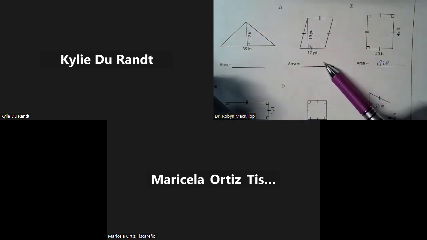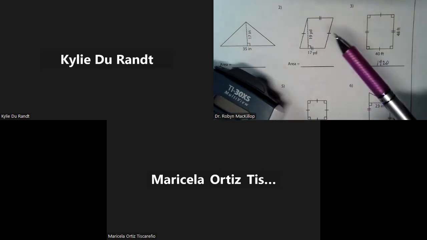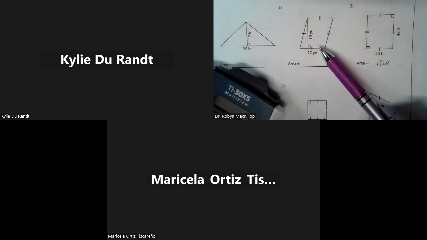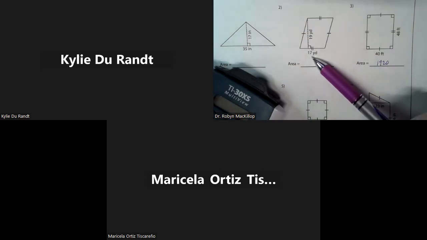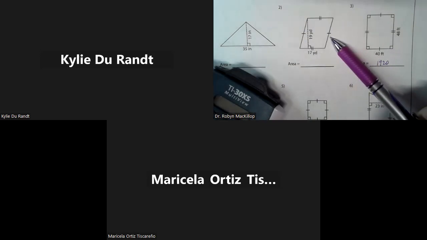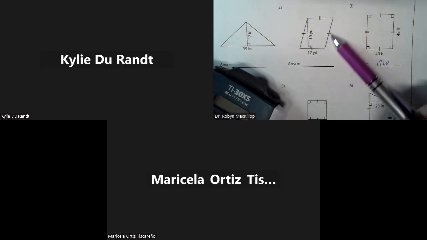Then let's go ahead and take a look at the parallelogram. It's the exact same idea. Even though it's pushed over, so it's a little lopsided, they have to give you the height. If they just gave you a parallelogram and said it's 17 and the side is, let's say, 21, that would not be the area because this side is at an angle.